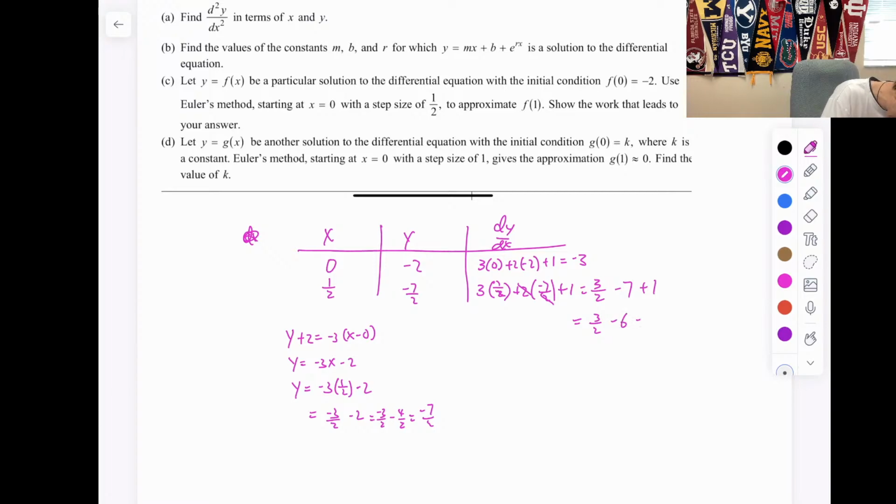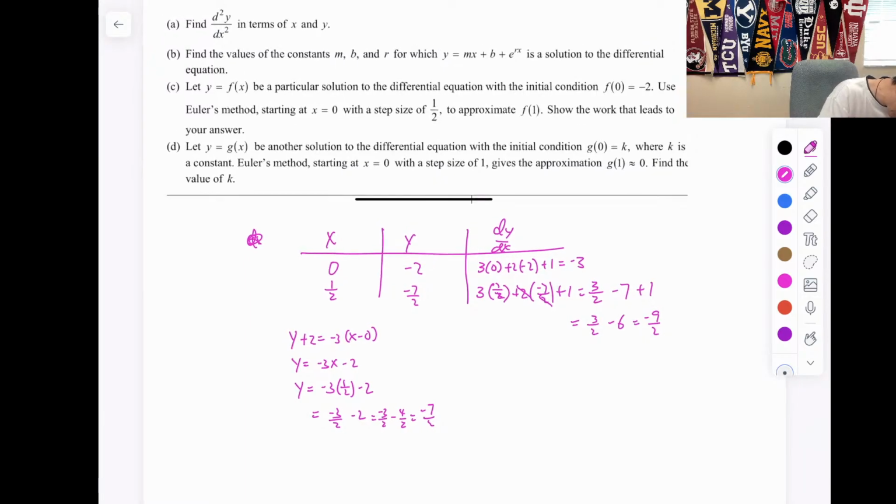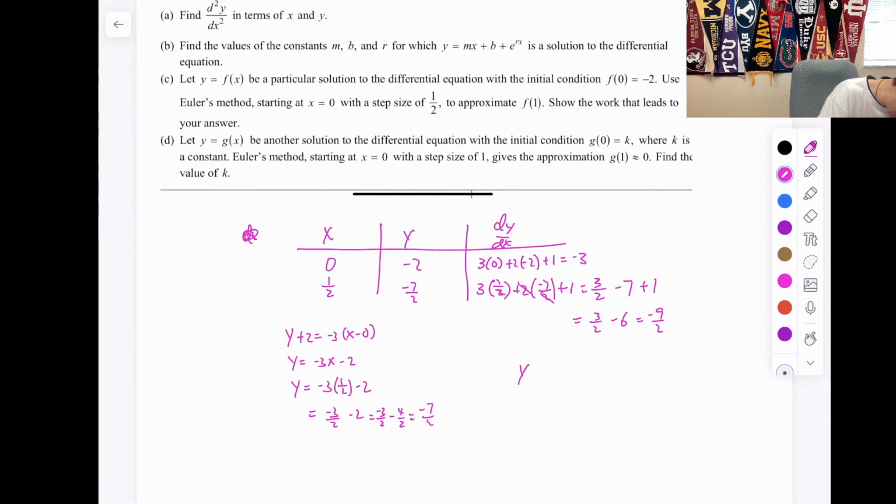Yeah, so that's 12. So it's going to be -9/2. So now we're going to use this information to use the equation of the tangent line. So y plus 7/2, is that okay? It's equal to what? -9/2 times (x minus 1/2), right?